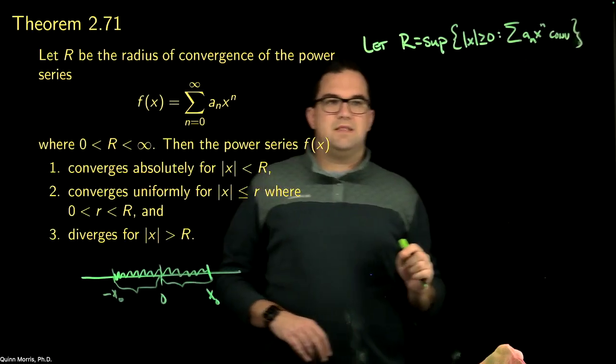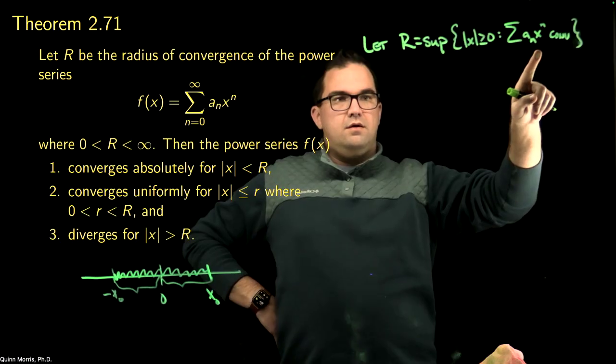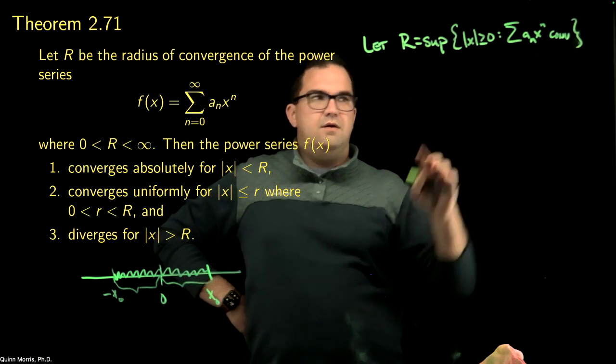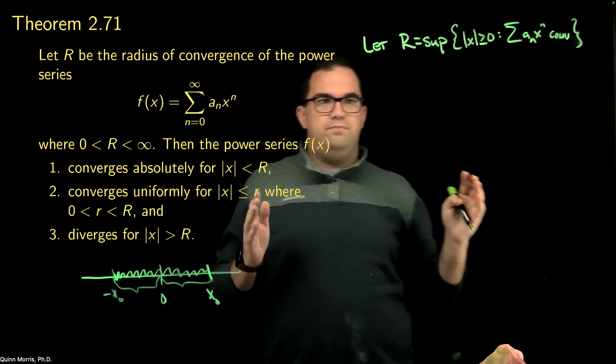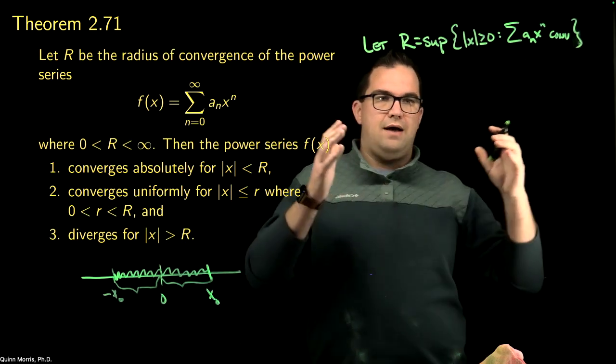So the idea is basically look at all the x values where this thing converges, pick the largest one, okay? And then, well, the largest in absolute value, okay? That's going to tell me my radius of convergence.